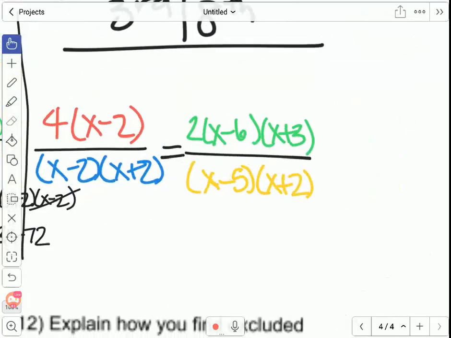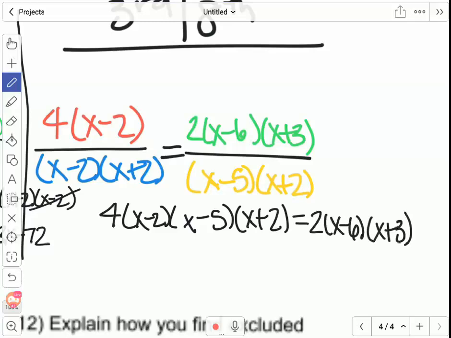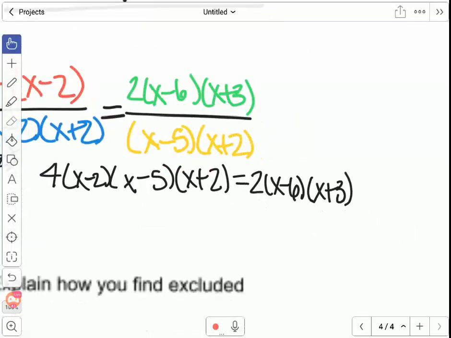All right, so we need to cross multiply. So we end up with 4 times x minus 2 times x minus 5 times x plus 2 equals 2 times x minus 6 times x plus 3 times x minus 2 times x plus 2.